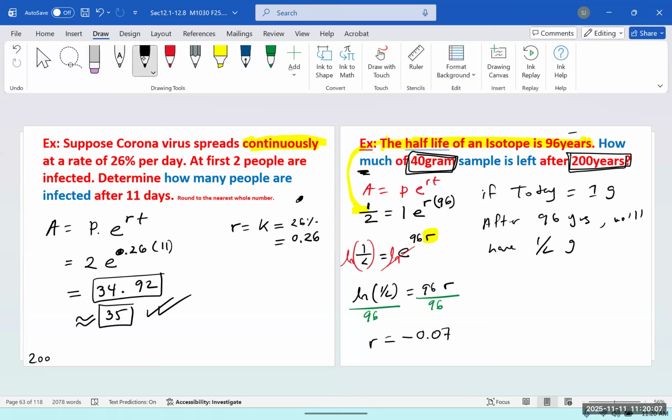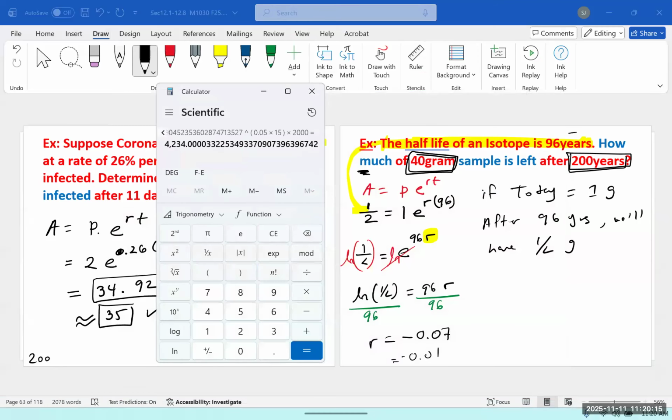Eliza, what do you have? Negative 0.01. So I have to check. I got negative 0.5 ln divided by 96. 0.007.